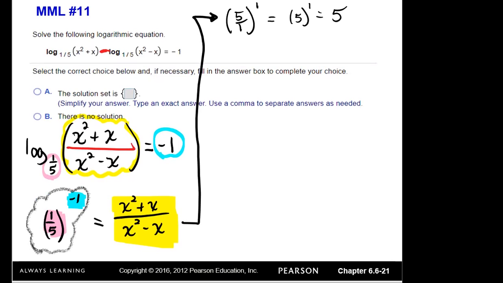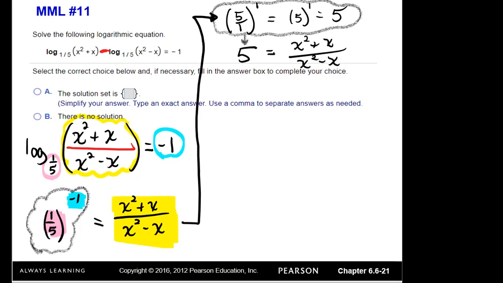So now what I have is 5 on the left equals the x squared plus x over x squared minus x. So I've successfully left log land and went to exponent land and simplified my exponent, but now I've got to deal with a fraction. So I'm dealing in fraction land.